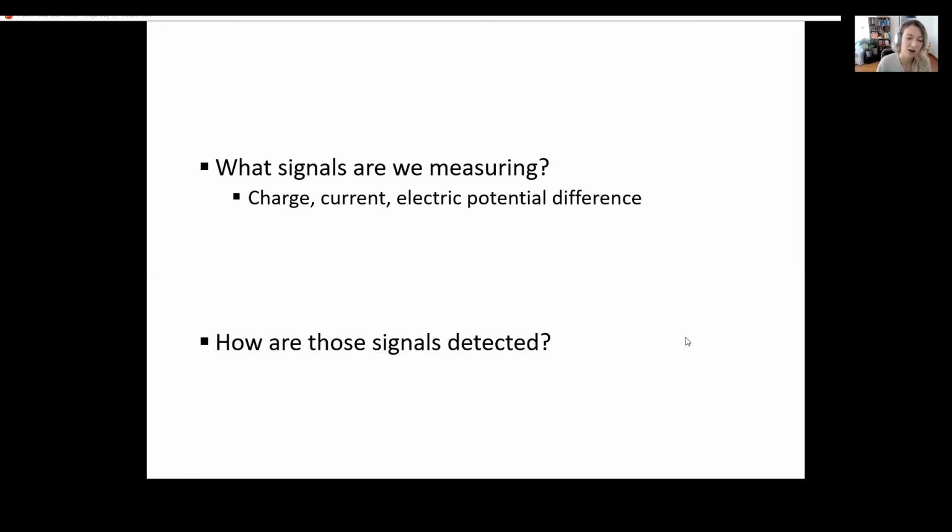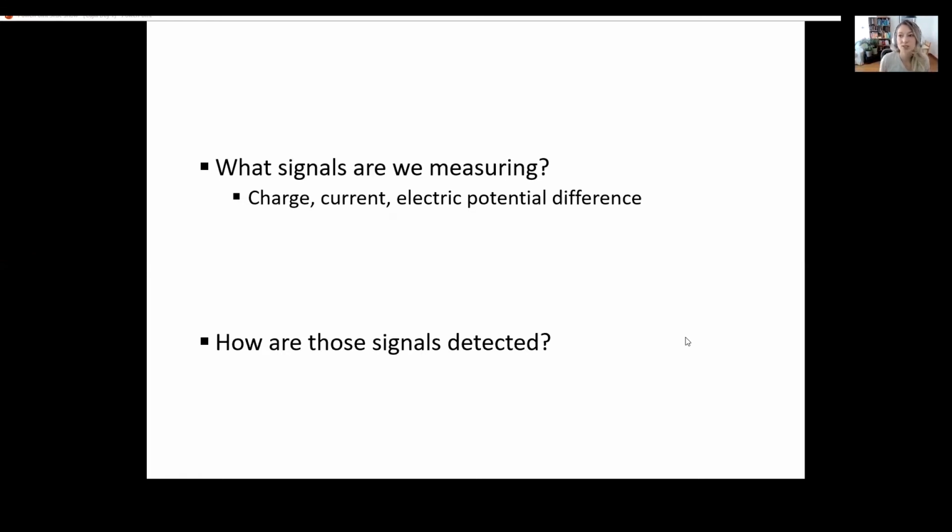The other question is, how are those signals detected? And again, you could answer that by saying, oh, I have this sweet Open ePhys system that detects my signals for me, or a different system that you prefer. That's all fine. This whole course is agnostic to who built your setup or exactly what your setup is measuring. The examples I'm going to give today all assume that you're in the brain with a metal electrode.